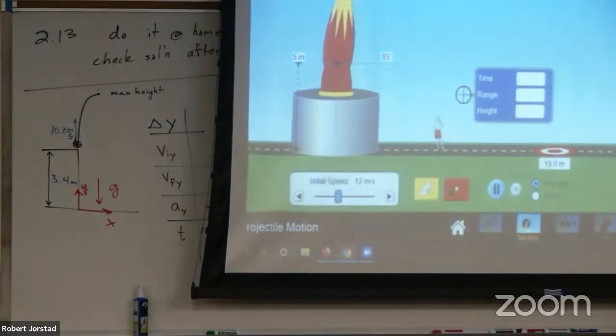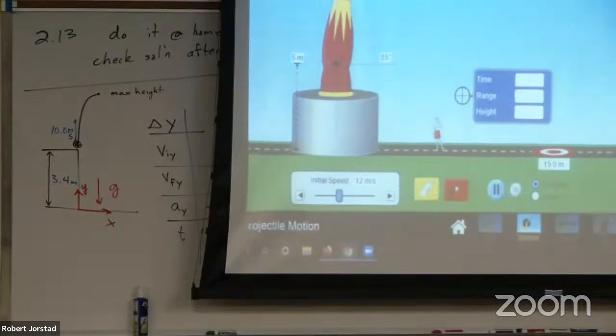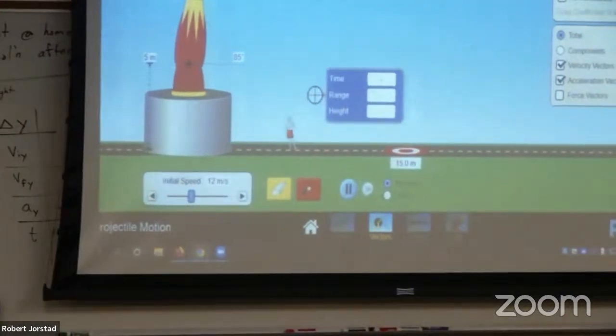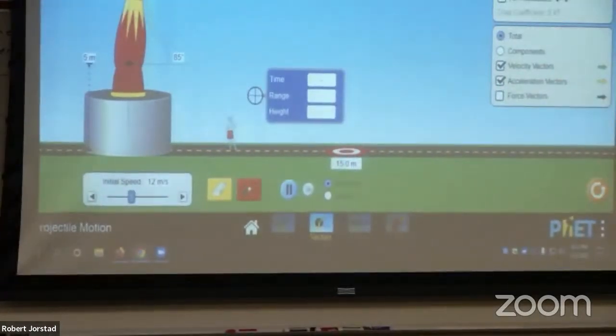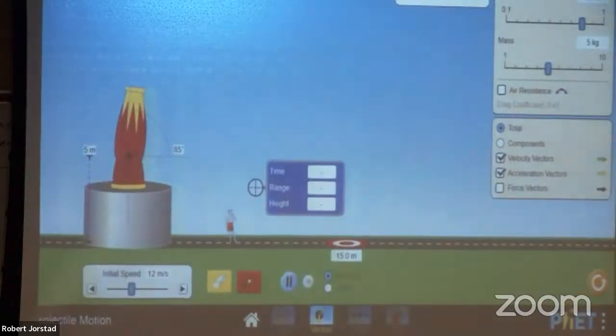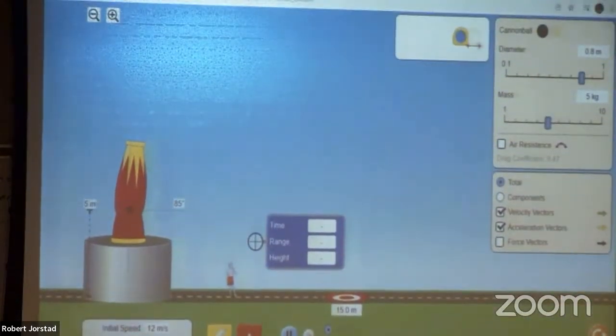Before I get ahead of myself, I'm curious. Those of you on Zoom, just give me a second. How does it look if I just do this? Are you able to see this okay, or is it crappy? I'm able to see it just fine.